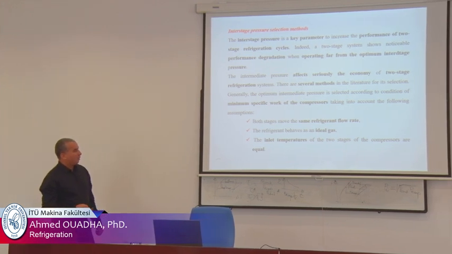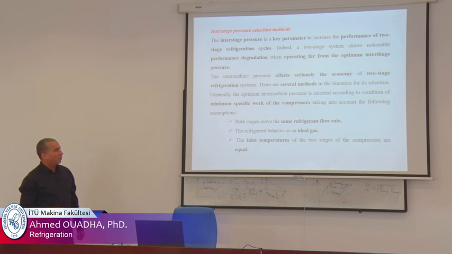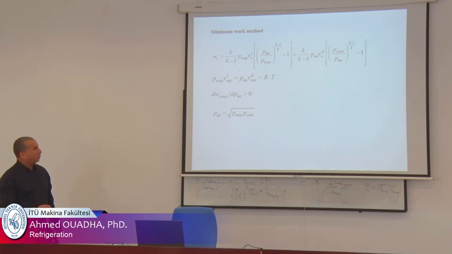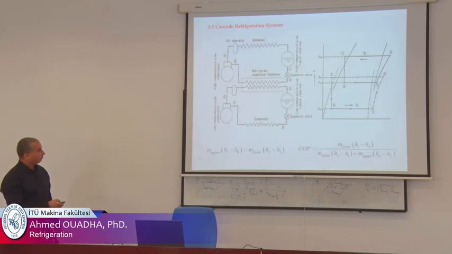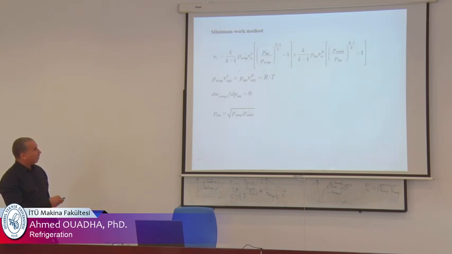And the third assumption, the inlet temperatures of the two stages of the compressor are equal. It is also not true. The intermediate pressure equal to the geometric mean of evaporation and condensation pressure has been elaborated on the basis of the minimum work consumed by the compressor.